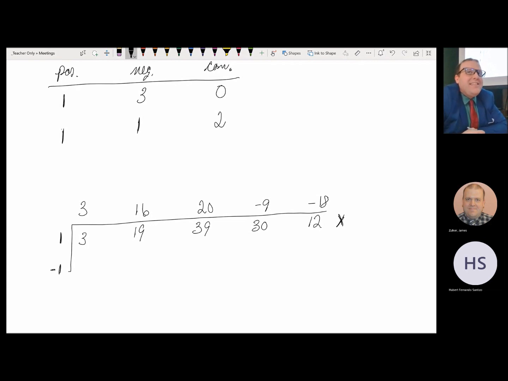Now, since I know I'm guaranteed a negative zero, I'm going to check -1. In the previous problem, we weren't guaranteed a negative zero, that's why I didn't bother checking.